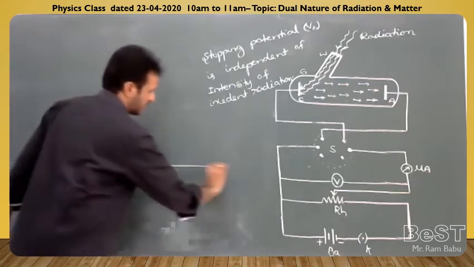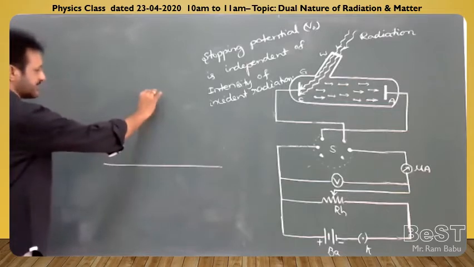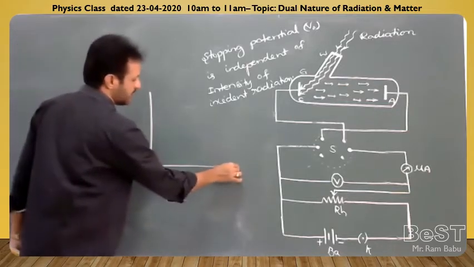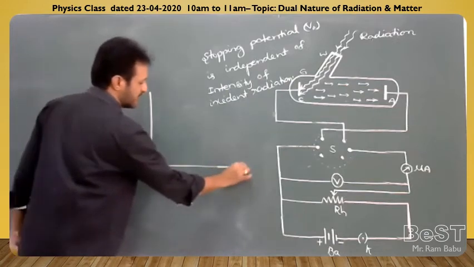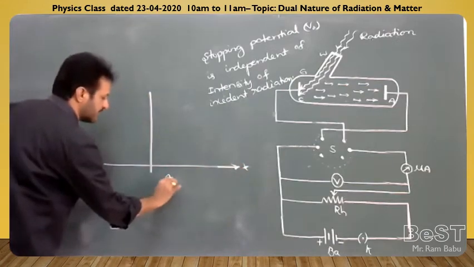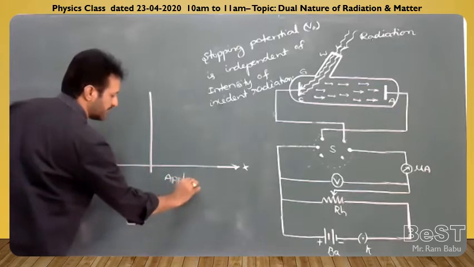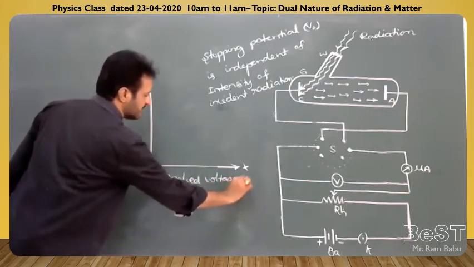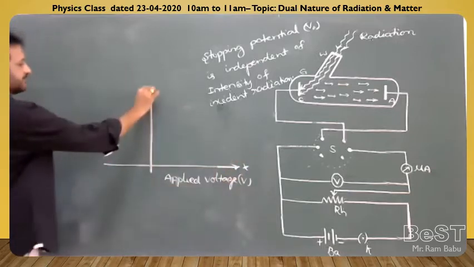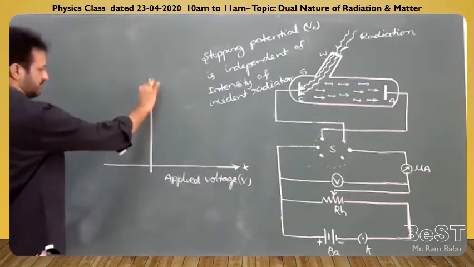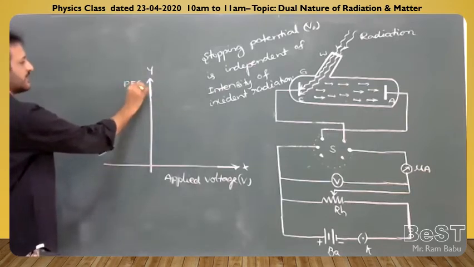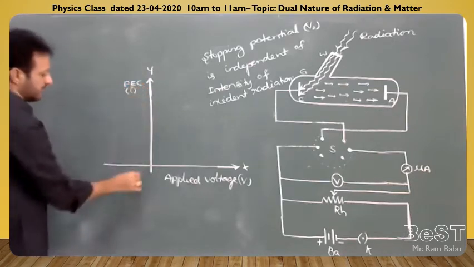So similar model, I'll take the applied voltage on the x-axis and the photoelectric current I on the y-axis. On the x-axis I am taking the applied voltage or applied potential in volts.